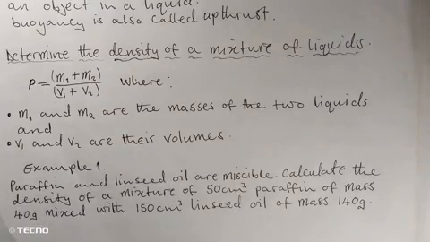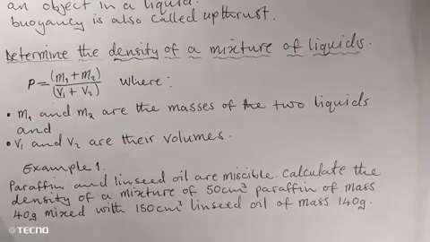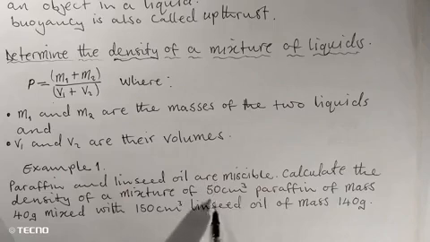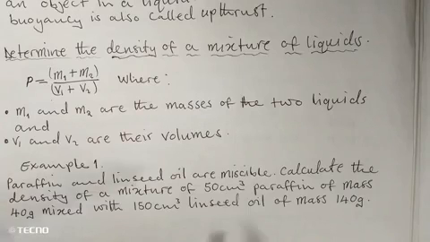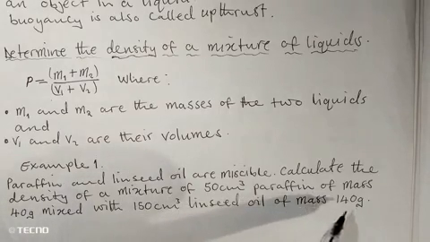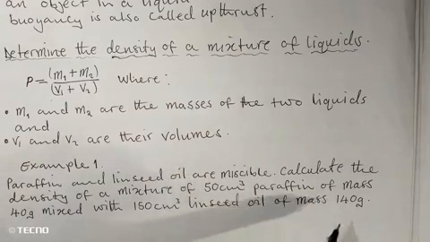They are able to dissolve in one another. This is the way that we use miscible. The question is: calculate the density of a mixture of 50 centimeter cubed paraffin of mass 40 grams mixed with 150 centimeter cubed linseed oil of mass 140 grams.